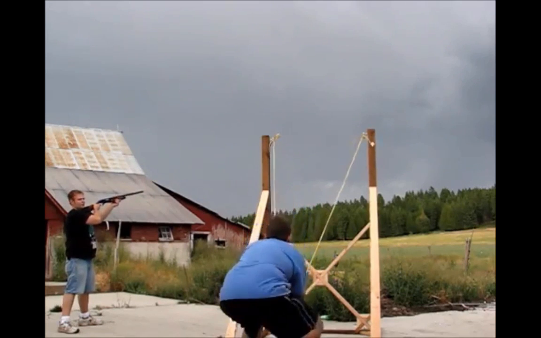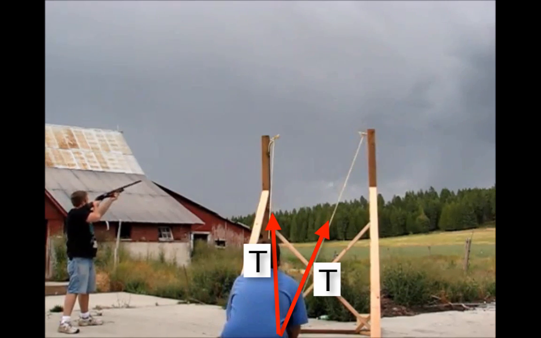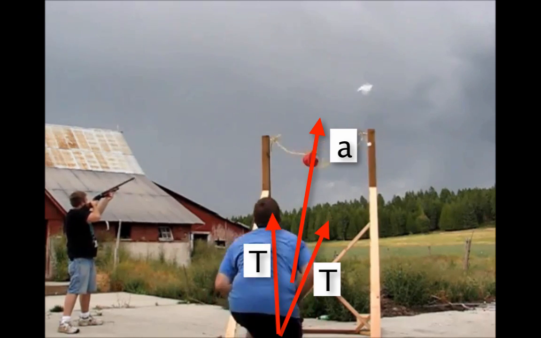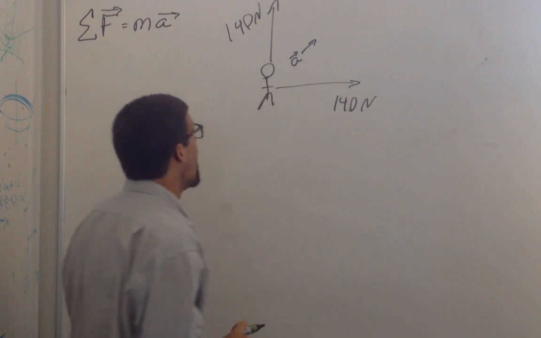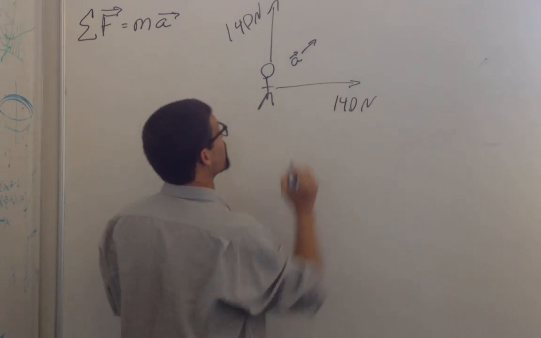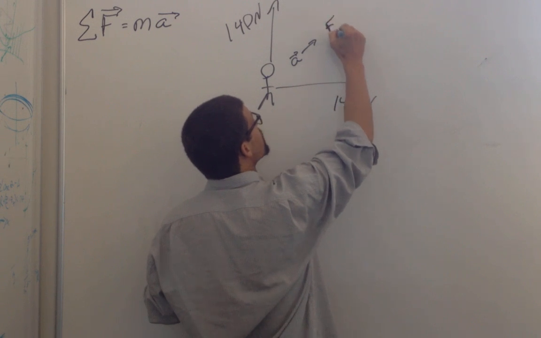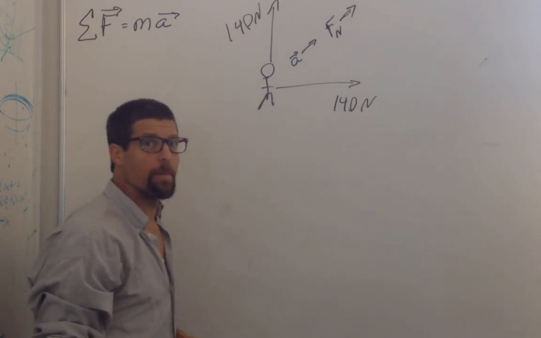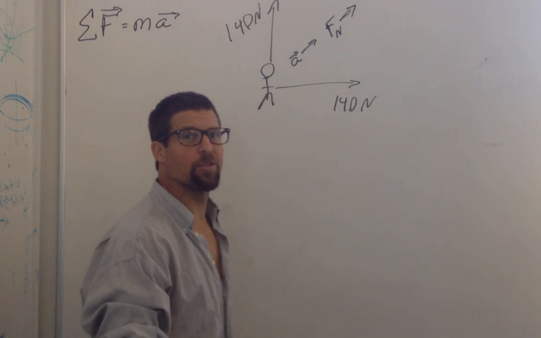So you can see how we have tension of each of these elastic bands in either direction, and then the acceleration of the water balloon goes right down the middle. And of course, according to this equation, if the acceleration is in that direction, then the net force must be in that direction.